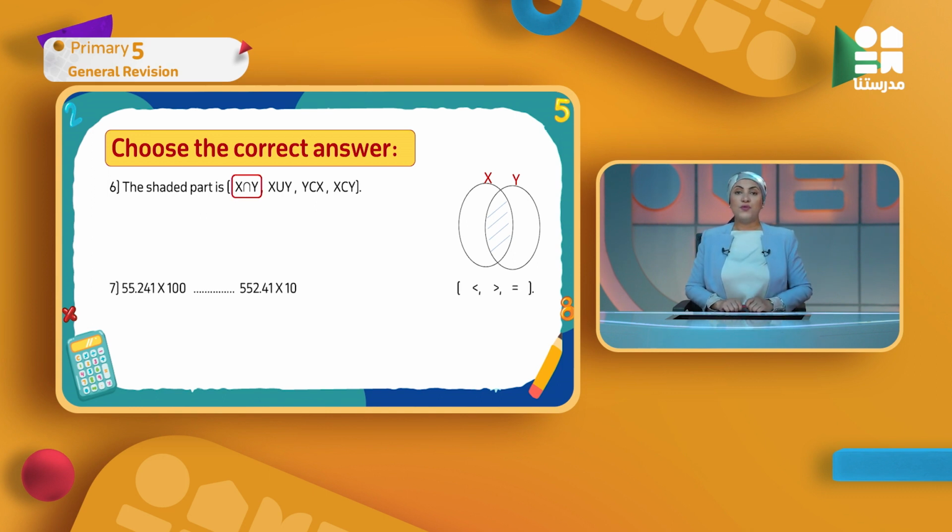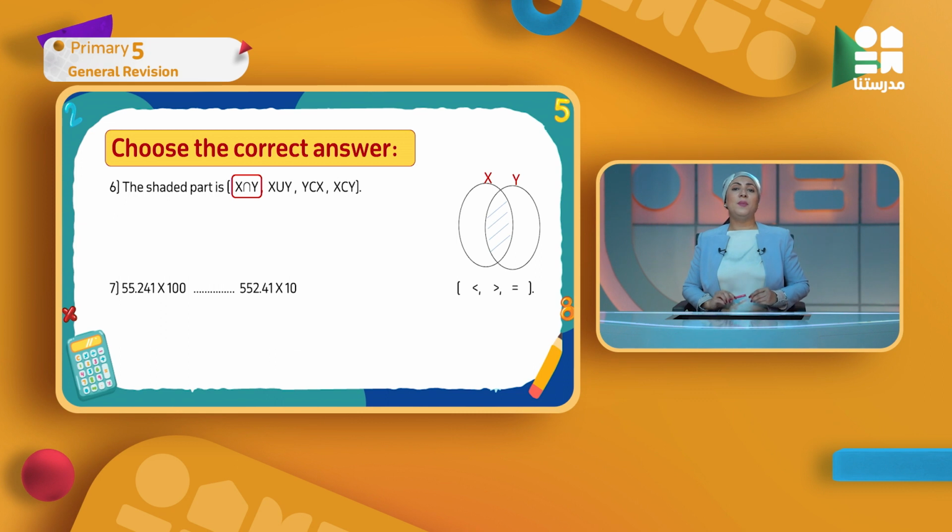Now I'll move to another one. 55.241 times 100, and the other one is 552.41 times 10. So again, I will first check, is it times or divided? Here it's times, so I will move the decimal point to the right hand side.